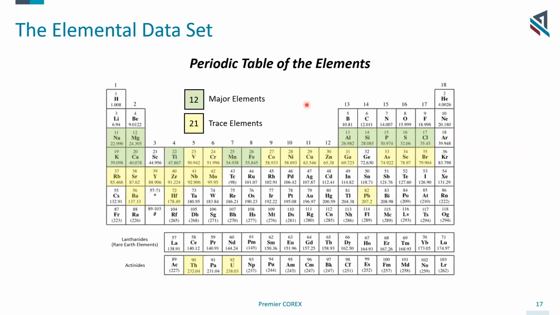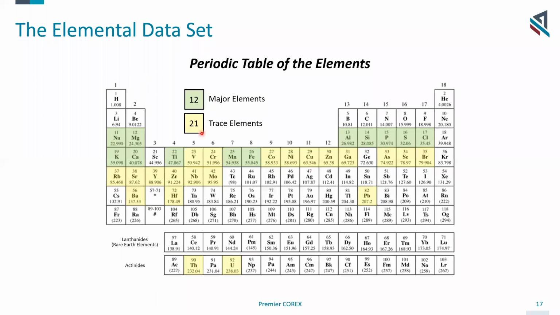So as I said, we're looking at elemental data. This is information which would be equivalent to using elemental spectroscopy logging tools. We get information on 12 major elements: sodium, potassium, magnesium, calcium, titanium, manganese, iron, and of course aluminium, silicon, phosphorus, sulfur, and chlorine.